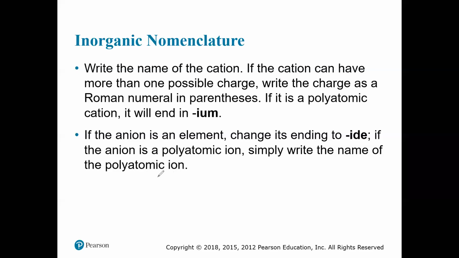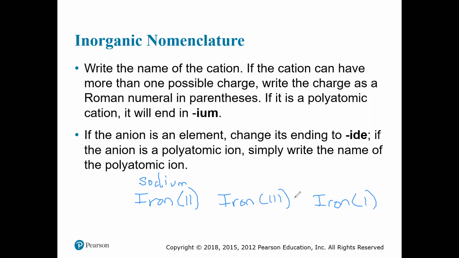So if I'm using sodium, because sodium's in column 1, it has a predictable charge, I would just write it as sodium. But iron has an unpredictable charge. It's in that middle area, that gray area. So I have to, in Roman numerals, say that I'm working with iron 2, or iron 3, or iron 1, or whatever it happens to be, okay? And this number is letting me know the charge, not how many I have.